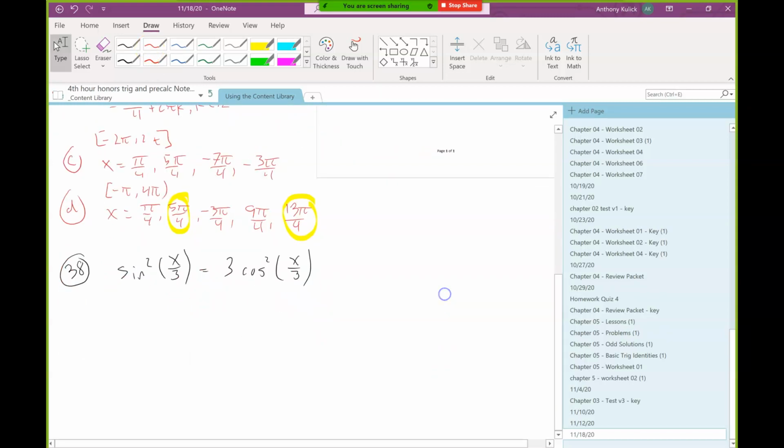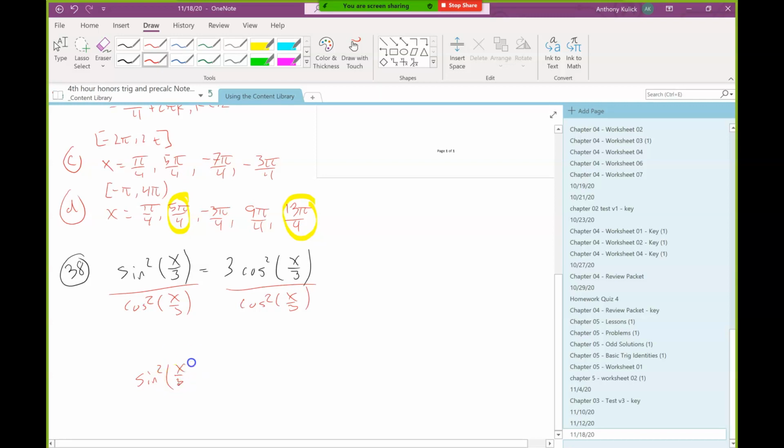Okay, so 38, we noticed that we have two different trig functions. We have sine and cosine going on here. So in order for me to solve this, I really need to condense this into a single trig function. The trick here is going to be to turn it into tangent by dividing both sides by cosine squared of x over 3.